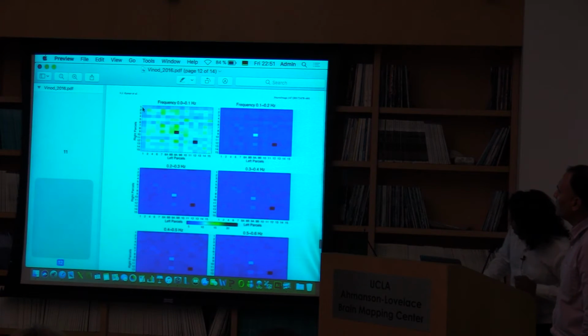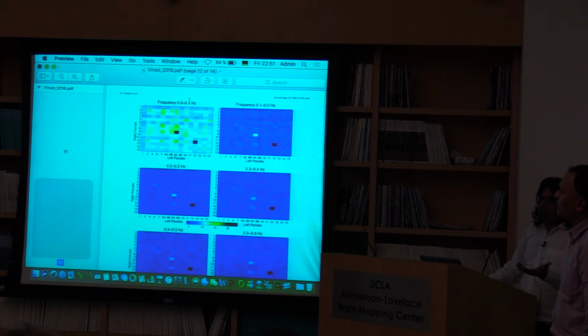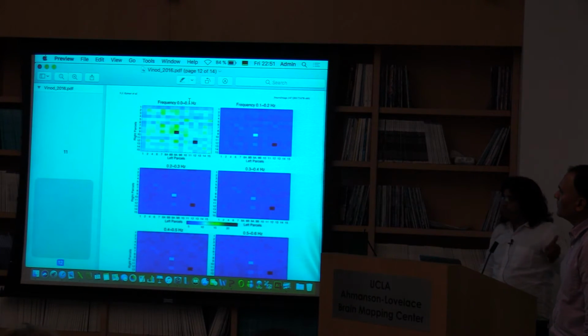Here you have right and left parcels, and this is correlation in the frequency domain between 0.0 and 0.1 hertz. You can see higher coherence between different right and left parcels, which makes sense because resting state operates under 0.1 hertz.